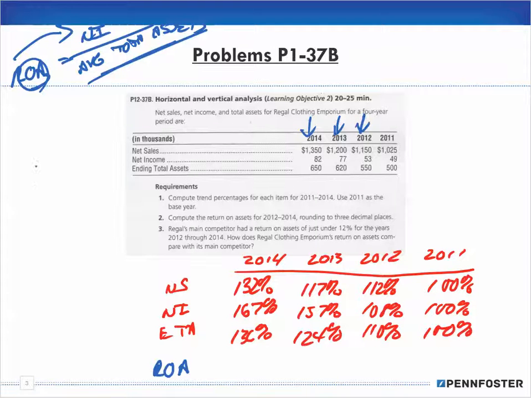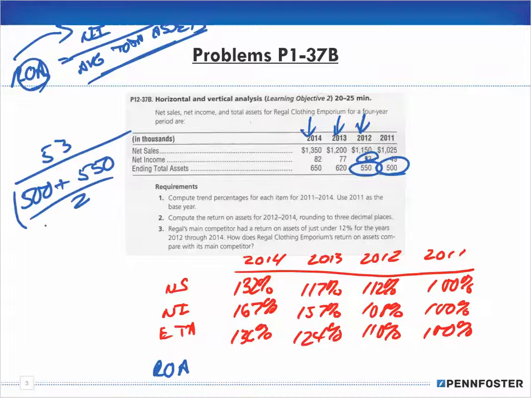my net income was 53. And my average total assets: the end of 2011 becomes the beginning of 2012, so that's 500 plus the 550 divided by 2.